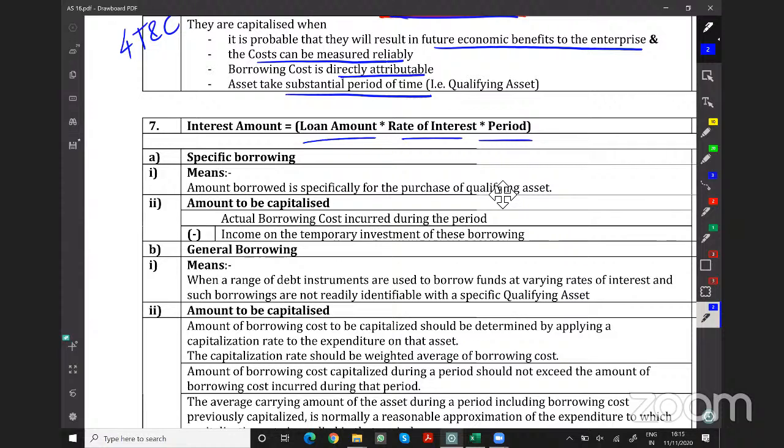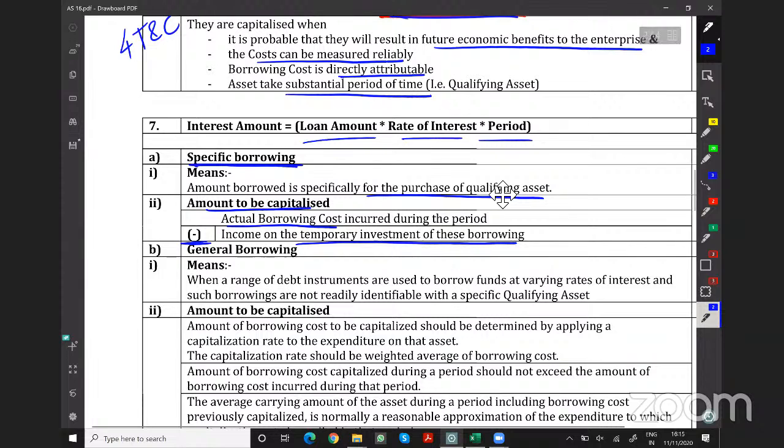In that case, any interest paid relating to this 10 lakhs should be capitalized. If you've taken any specific borrowing, meaning any borrowing specifically for the purchase of a qualifying asset, it should be capitalized. So the amount to be capitalized is the actual borrowing cost incurred during the year less any income on the temporary investment of this borrowing.